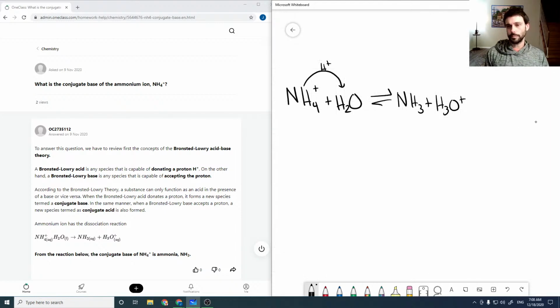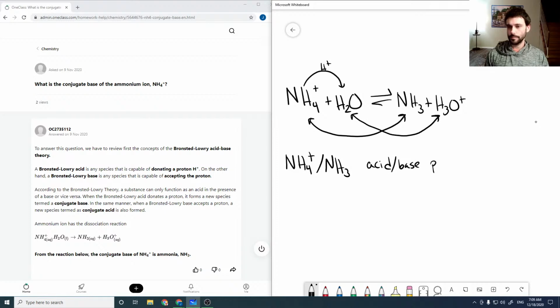Okay, so then these 2 here are conjugate pairs, and these 2 here are conjugate pairs. And so NH4 plus and NH3 are acid-base pairs, and H3O plus and H2O are acid-base pairs.